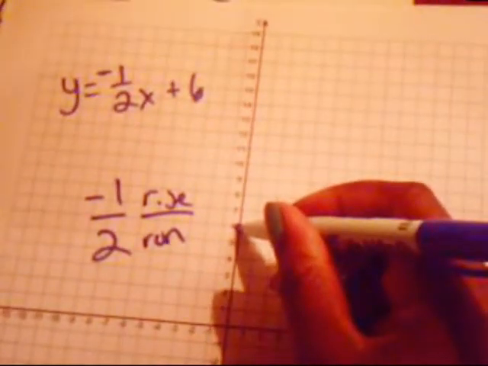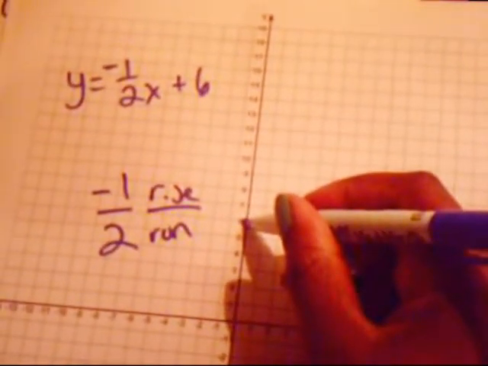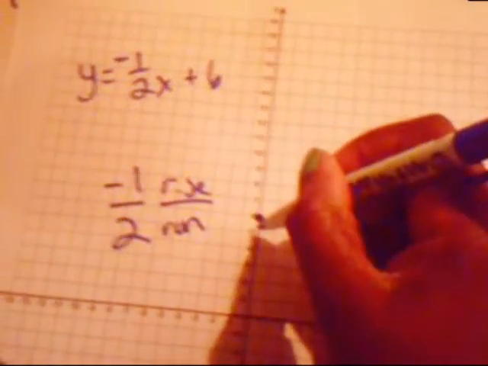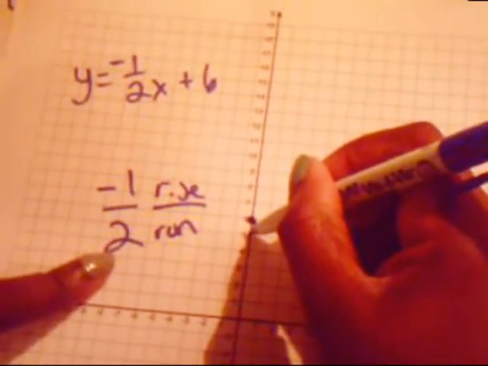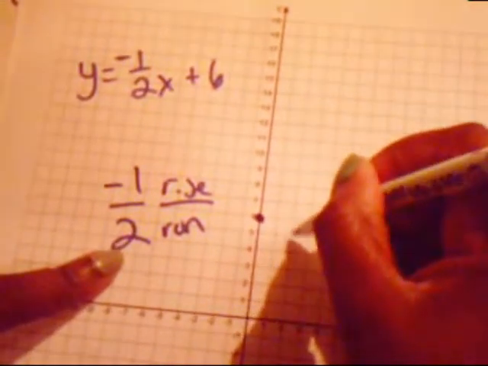From there, guys, I can just graph my slope. My slope is negative 1 over 2. And remember that this is in rise over run. So how do you rise negative 1? You wouldn't go up. You would go down 1. And then you would run positive 2, which means you would go 2 spaces to the right.